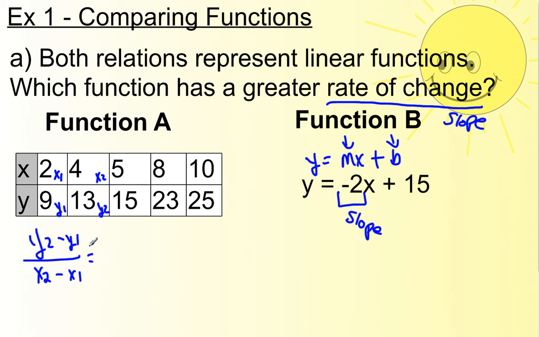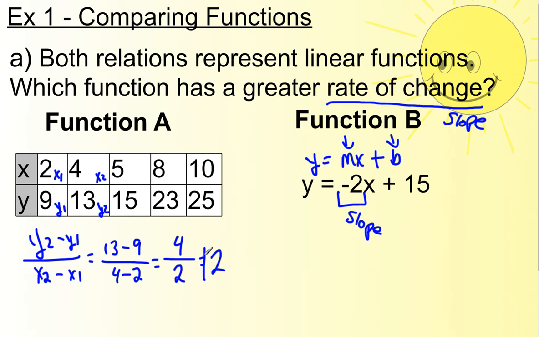So when I plug in those 2 points, what do we get? Well, we get 13 minus 9 over 4 minus 2, which gives us, let's see, 13 minus 9 is 4. 4 minus 2 is 2, giving us a slope of 2.